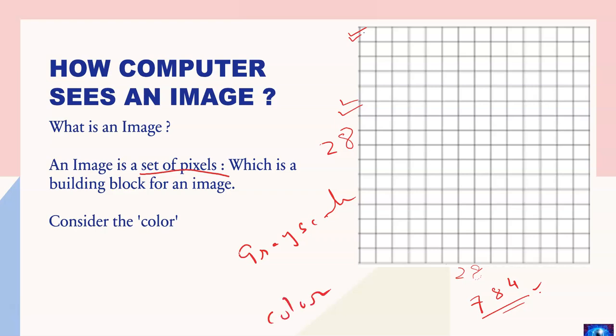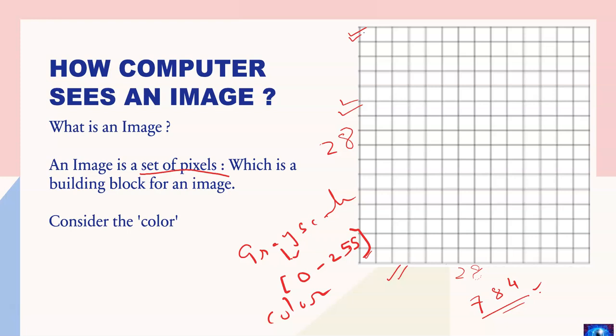If you consider only this image, which has only two dimensions, this will be a grayscale image. Each pixel is a scalar value between 0 and 255, so it can have any number between 0 and 255.